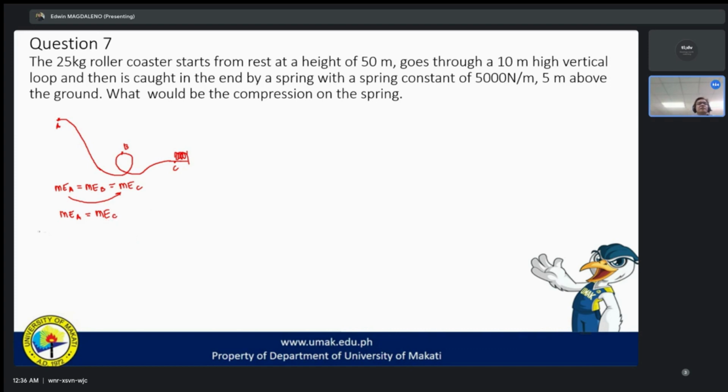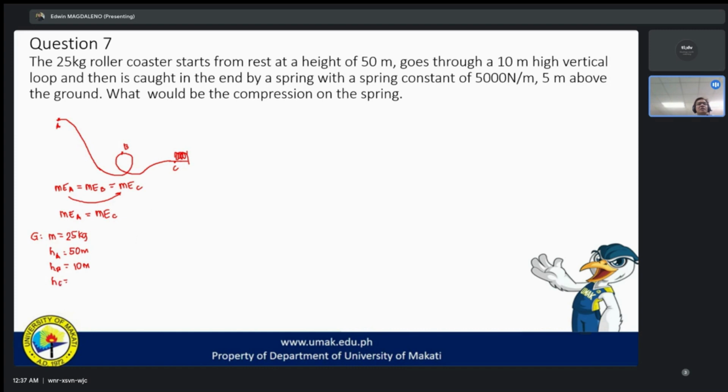Now, the givens in the problem are, of course, the mass, which is 25 kilograms. Then we have the height at point A, which is 50 meters. Let's put in the height at point B, which is 10 meters.